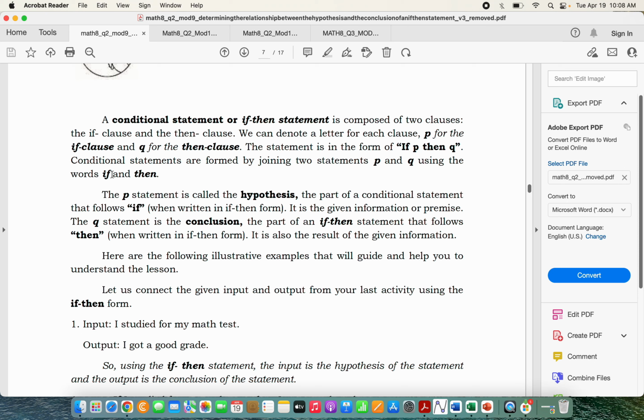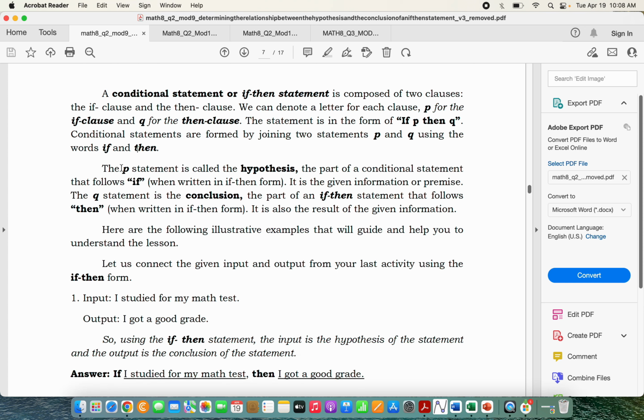But you have to remember, class, that conditional statements are not always in the form if then. Sometimes or more often, wala silang if tsaka wala silang then. Pero we can consider them as conditional statement still. Later, we'll have an example.